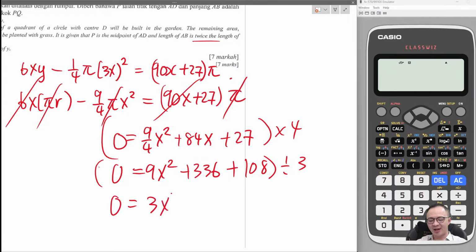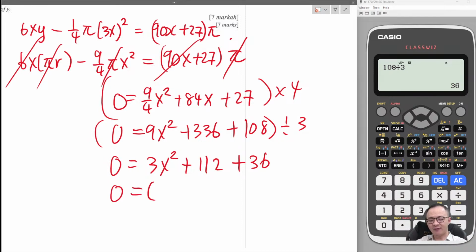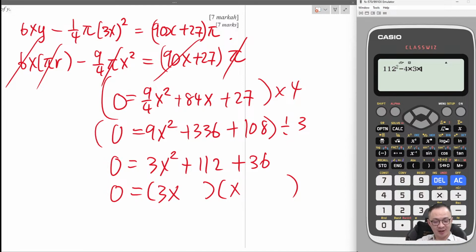So it's 3x squared plus 112 plus 36, right? Yeah. Okay, factorize it. This 3x, this x. 36 times 3, 108. b squared minus 4 times 3 times 36.